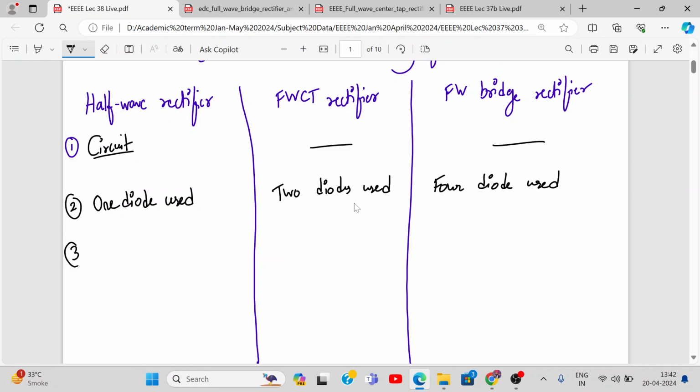The next point of comparison will be the average value, V out average or VDC value. Can you remember? Can you tell me how much it is? We derived this just a few days back. For the half wave rectifier, how much is the value?